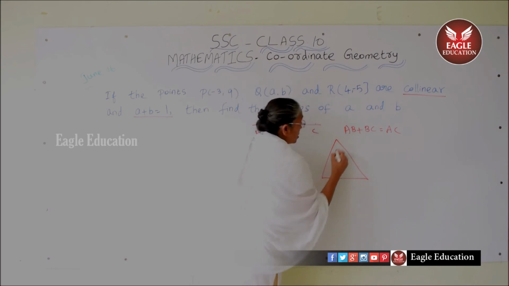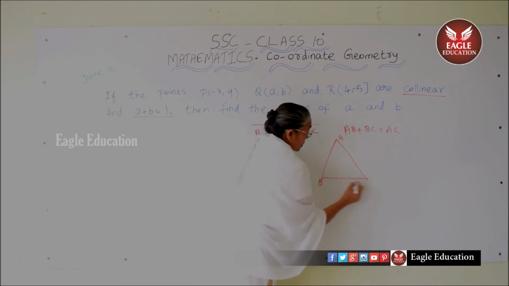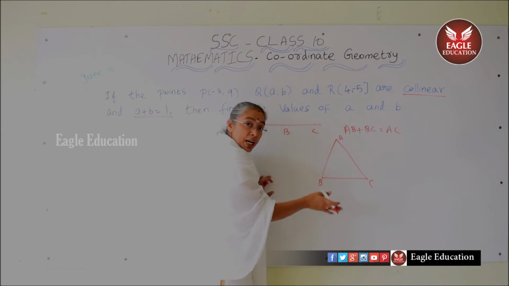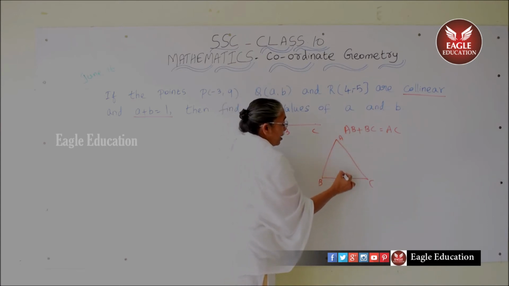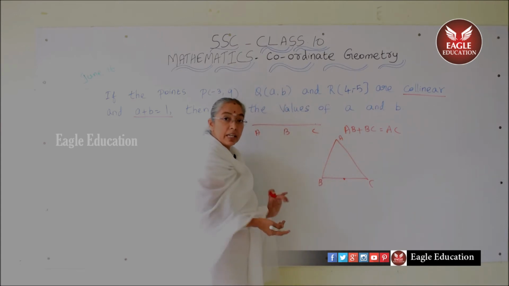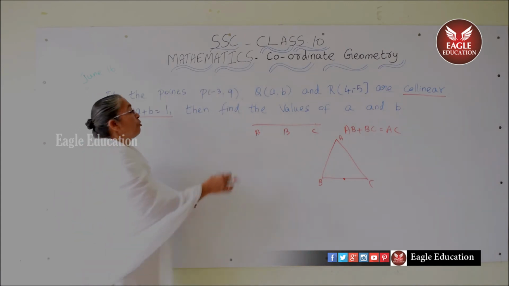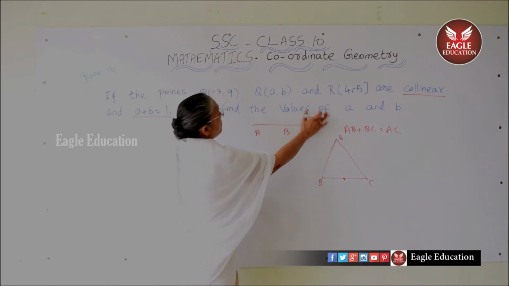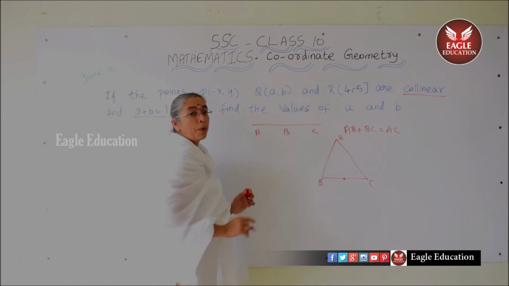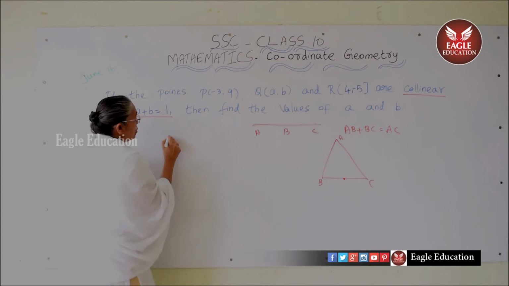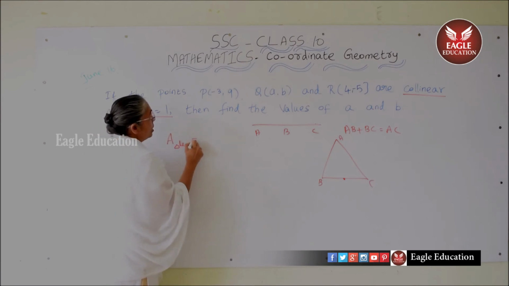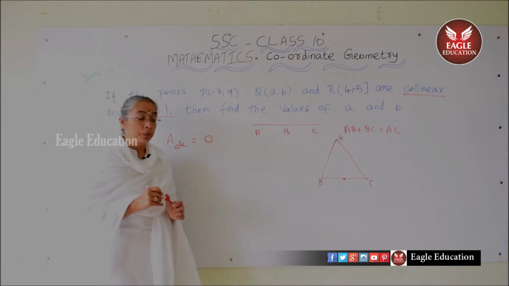Now see, suppose this is a triangle ABC. If the area of this triangle is 0, it means the point A will lie on the line segment BC. So the best way to find the values of A and B using the given condition that the points are collinear is to use area of triangle equal to 0.